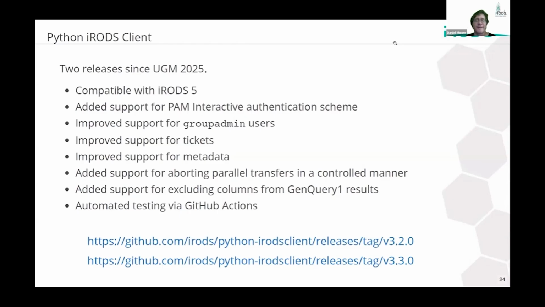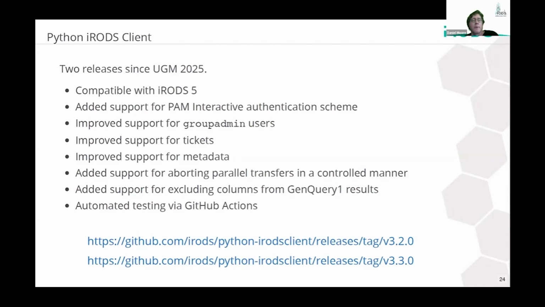Okay. So I'll go over the updates and fixes to the Python iRODS client library for the past year. These are encapsulated by the updates version 3.20 and 3.30 that you see the URLs for below. So quickly, we do operate, of course, with iRODS 5 server.